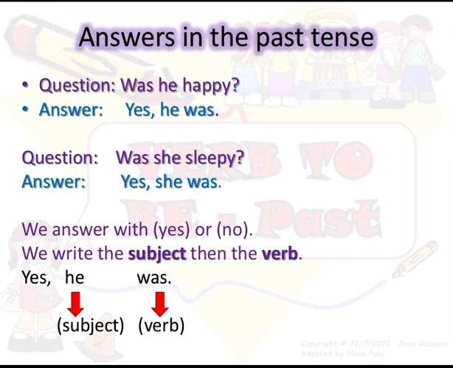We answer with yes. Then we write the subject, which is he. Then the verb to be, which is was. Yes, he was. In the second answer, notice that we have she. Because we have she in the question, the subject is she. So we have to also answer with she. Yes, she was.